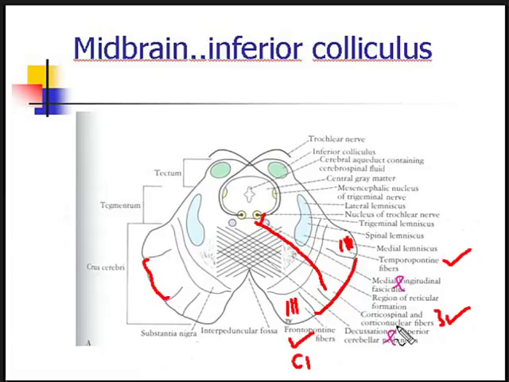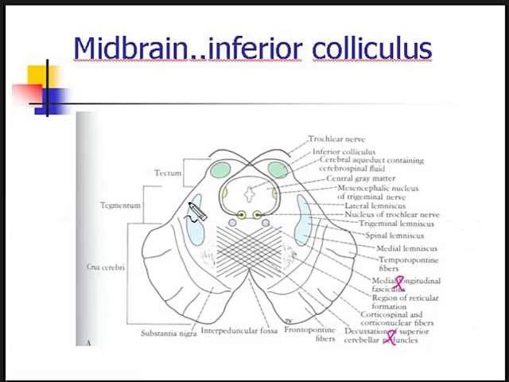The sensory tracts present at this level, you will have the lateral lemniscus. They all lie very close to each other. In the middle you have the medial lemniscus. This medial lemniscus is joined by the trigeminal lemniscus. Then lateral to this we have the spinal lemniscus, and further lateral we have the lateral lemniscus.